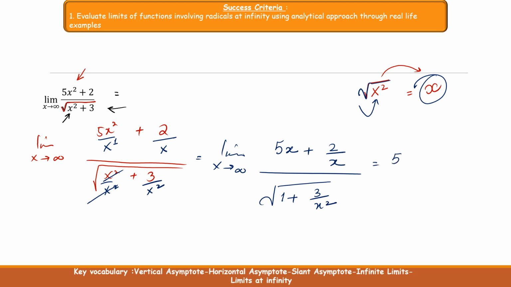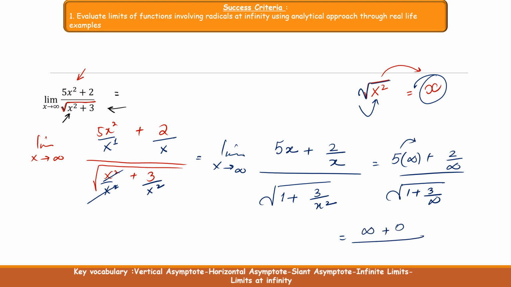It will be 5 times infinity plus 2 over infinity over square root 1 plus 3 over infinity. 5 times infinity will give us infinity. 2 over infinity is 0. Square root 1 plus 3 over infinity is 0. Now infinity up, down a number. So it will give you infinity.